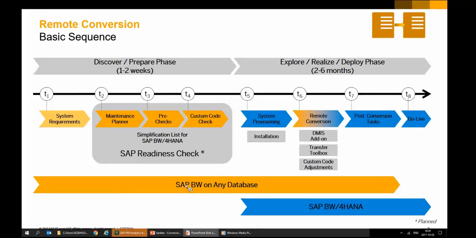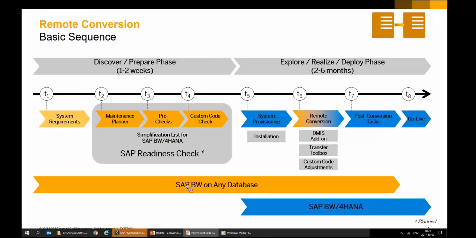It's a great way to simplify your project. If you do, for example, usage and procedure logging up front, you will know when you get to the check phase and the custom code adjustment phase what actually needs to be adjusted rather than old code that's not used at all.